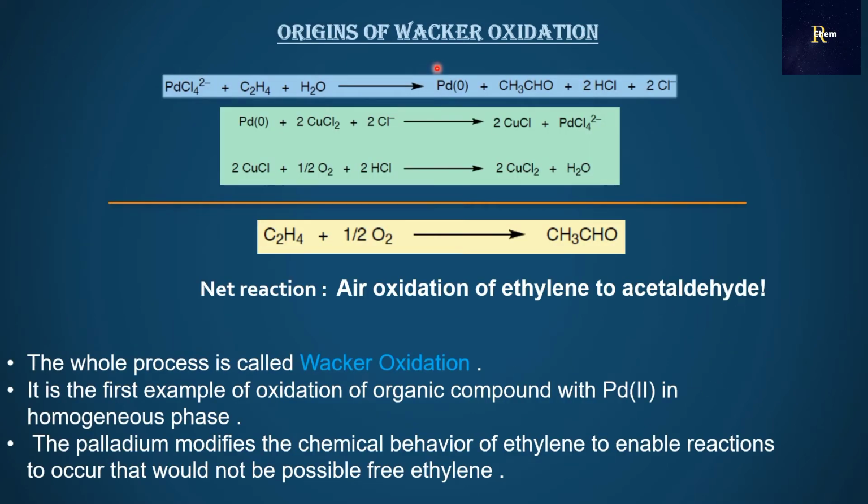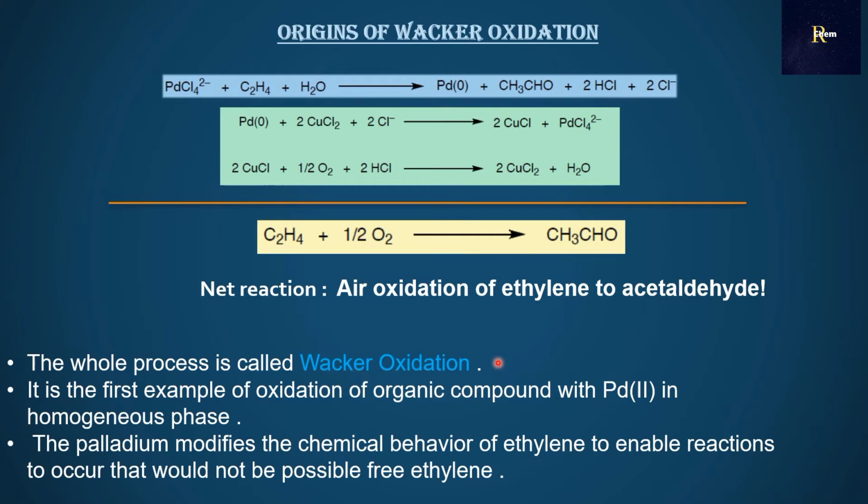Now this is the overall reaction, and the net reaction is the oxidation of ethylene with oxygen and the formation of acetaldehyde. This is the whole process, and this process is known as the Wacker's oxidation, and this is the first example of the oxidation of an organic compound with platinum 2 in the homogeneous phase.